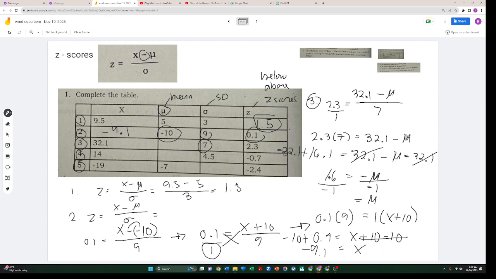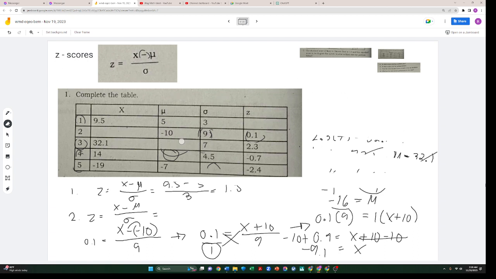And then negative 16 divided by negative 1, which is 16. Again, bawal na ang mean nato na negative dire. Pero ang result niya pwede na negative. So therefore, ang mean niya kay 16. Okay? So same ra gyapon ang process dire, kamo na mag-try. Same ra gyapon sa pag-solve nato dire sa number 2. Okay? Ana ra na siya, guys. Unta nga amin na subterm standard deviation sa pag-solve.